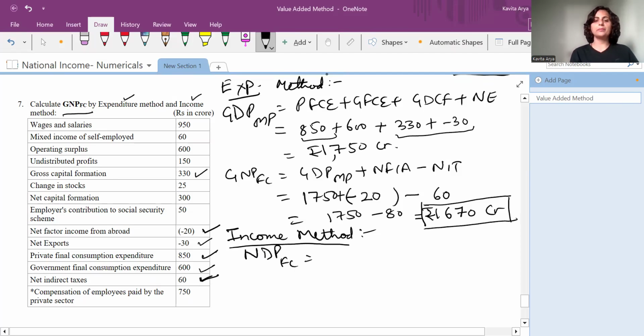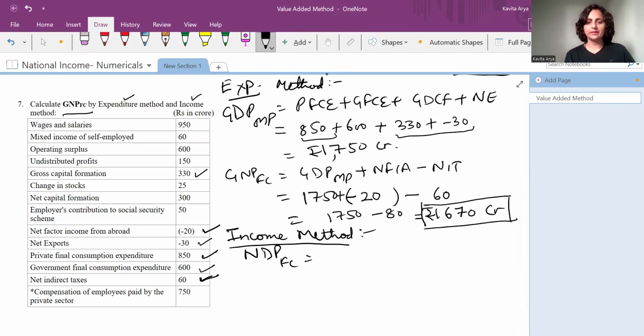And every time I'm beginning with any method, I'm beginning with the basic statement. So this is compensation of employees, operating surplus, and mixed income of self-employed. Somewhere I write I, somewhere I write Y, because income is denoted by Y symbol very often in economics. So it's taken and accepted both ways.